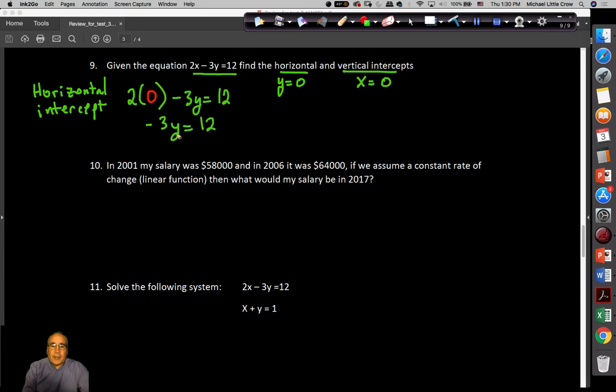To solve for y, we will divide both sides by negative 3. And what we get is canceling here, and we get that y equals negative 4. So our horizontal intercept is going to be the point 0, negative 4.